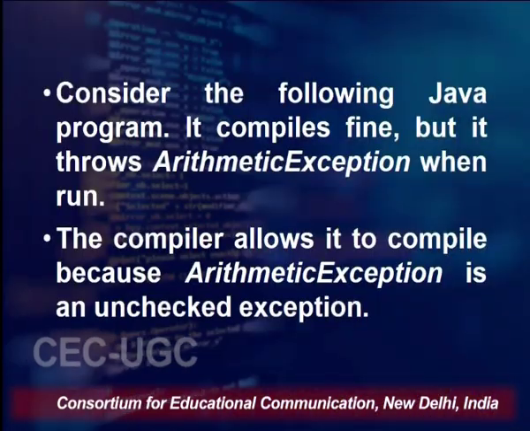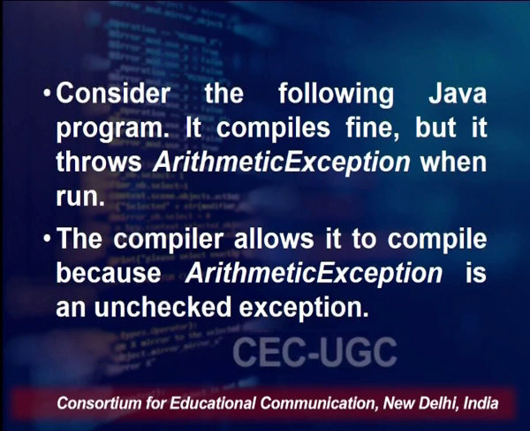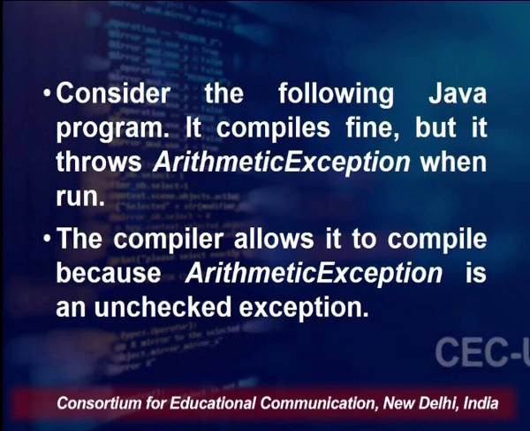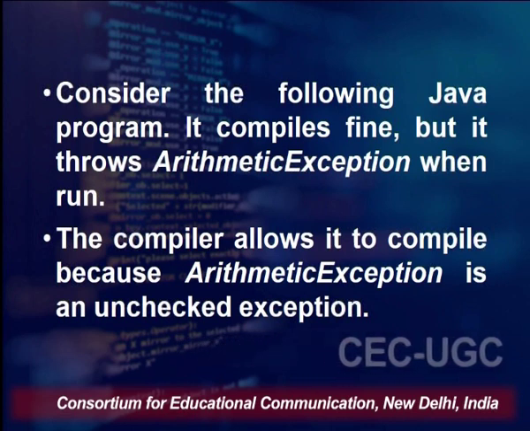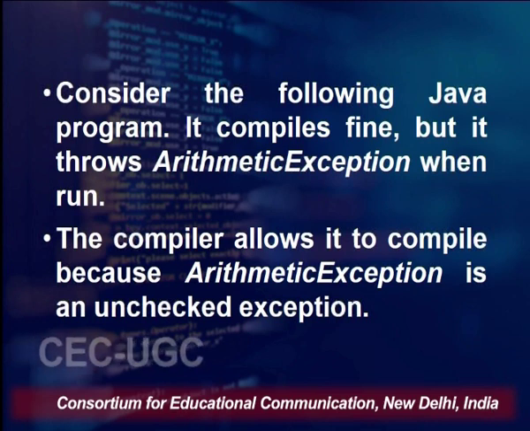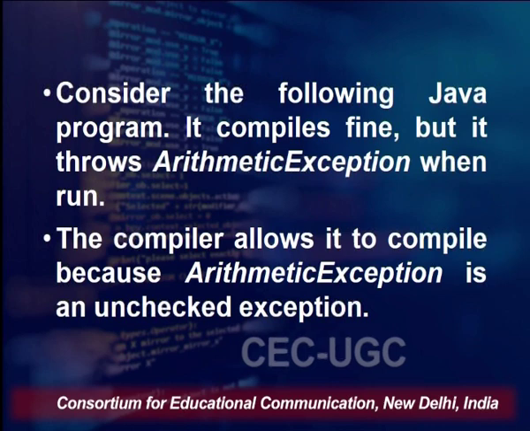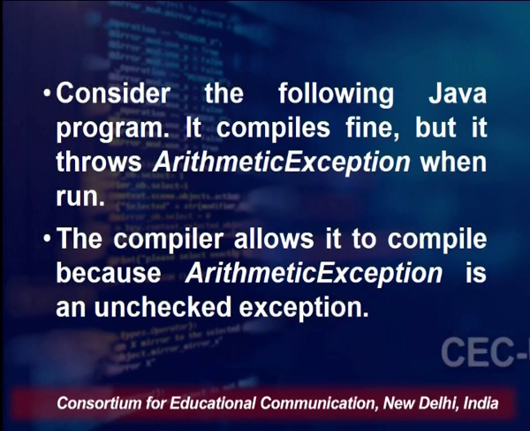We will consider a program which is going to compile fine, but when it runs, it will throw an ArithmeticException, and the compiler will allow it to compile, because the ArithmeticException that the program is going to throw is an unchecked exception. So, your compiler is least bothered about unchecked exceptions. Let us see how we are going to handle these unchecked exceptions.